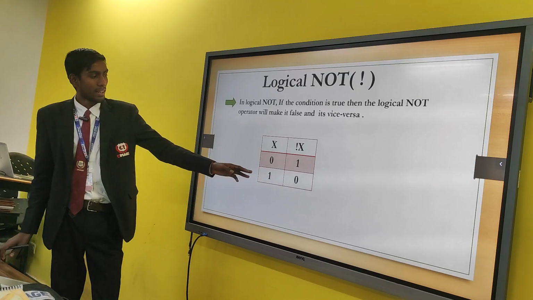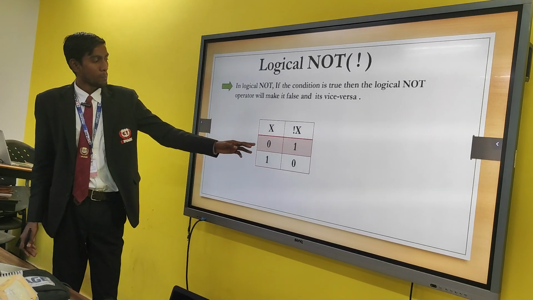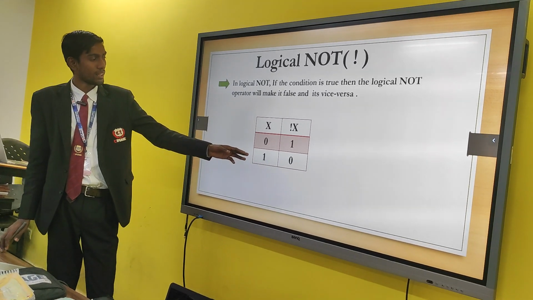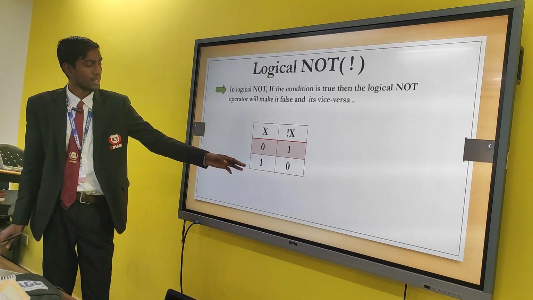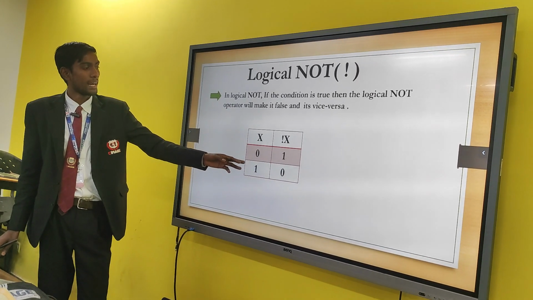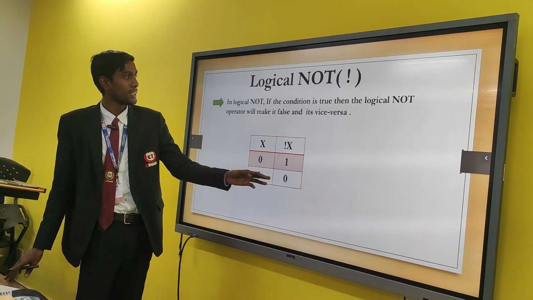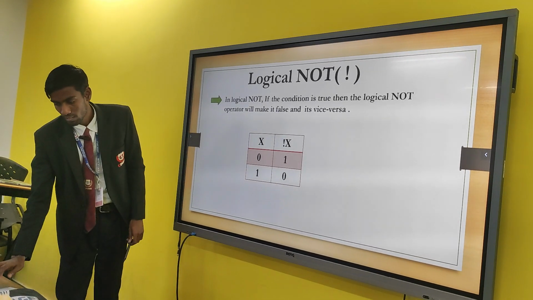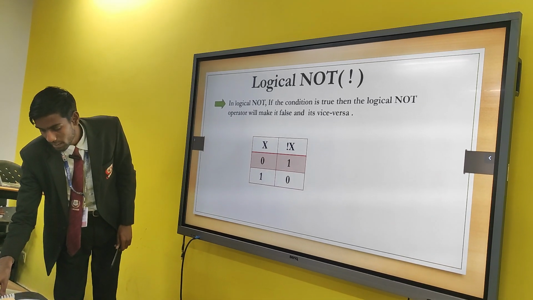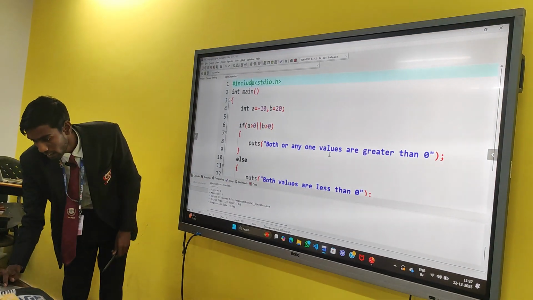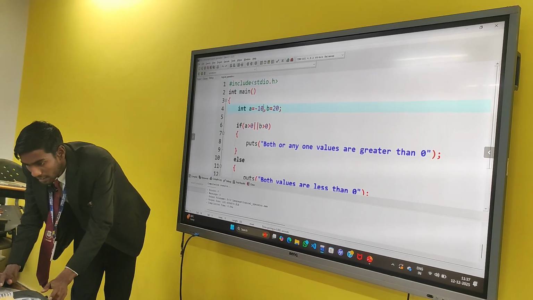And next, the condition of x becomes true, and then my logical NOT operator turns it into false. We can also see this in the program, so we modify the program.